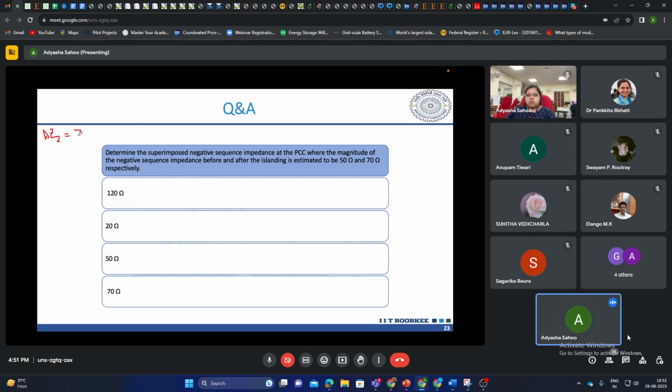What will be the superimposed negative sequence impedance? It was Z2 post minus Z2 pre. So I think now you can tell what this magnitude will be. It's 20, ma'am. 20.